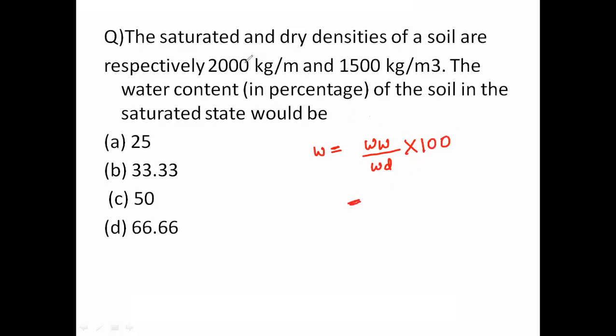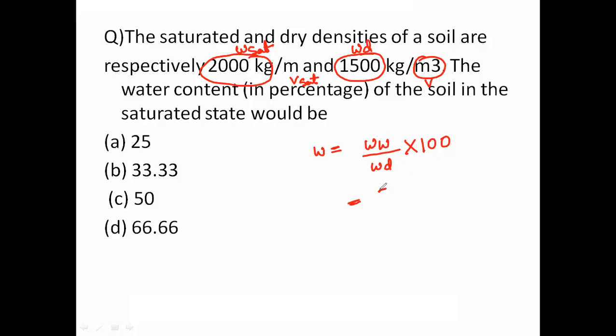You can see here that they have given the density. This is the W saturated and this is the volume, the volume in saturated condition. Similarly, this is the dry condition: the weight of the dry soil, and this is the volume. So to find WW, the weight of the water, it is the saturated weight minus the dry weight.